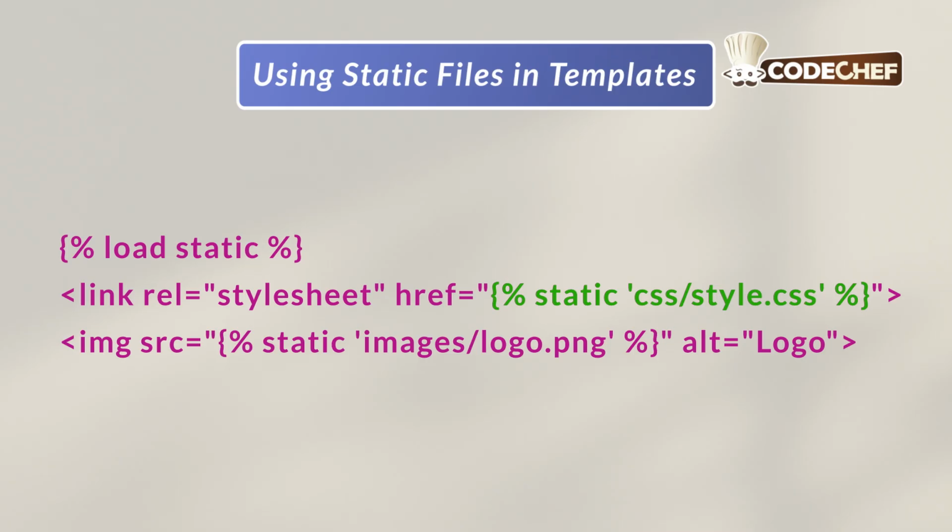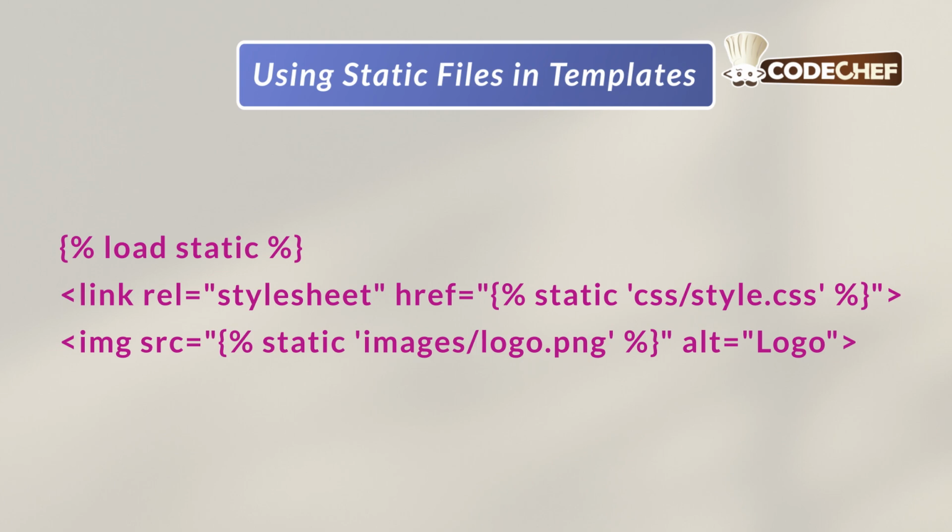So here I want to access my CSS file here. So we saw that CSS files are stored inside a CSS folder within the static folder. So that is why I specify css/ the name of my CSS file, which is style.css, and then close the tag here. And also here you can see I want to make use of the images.